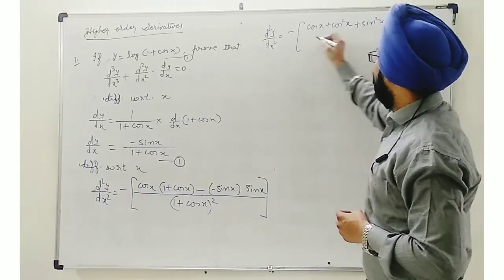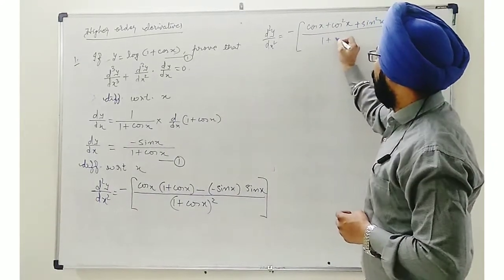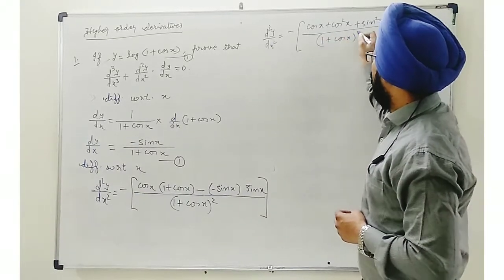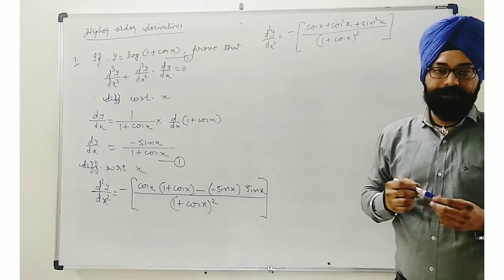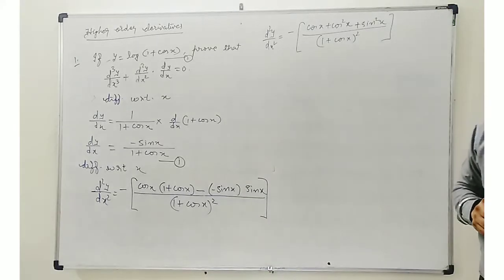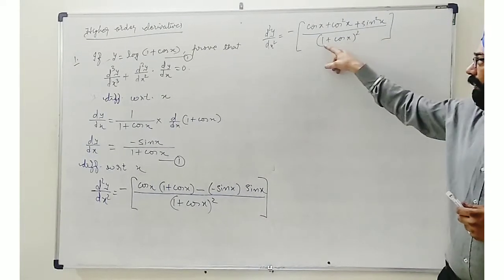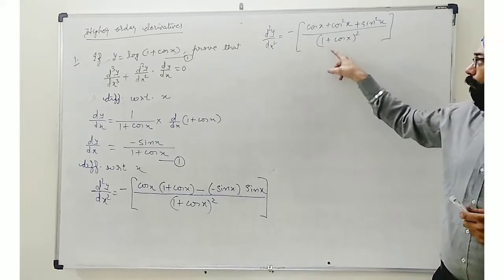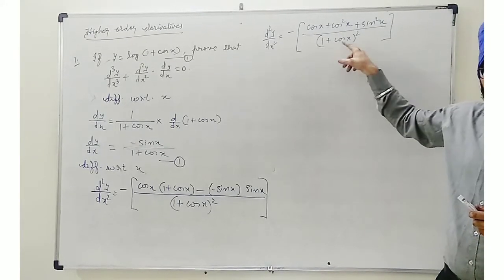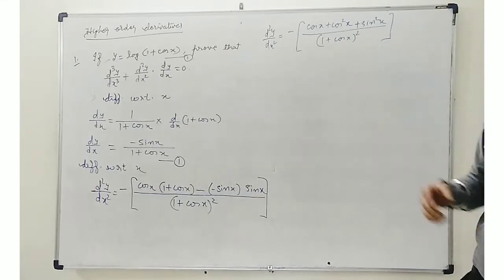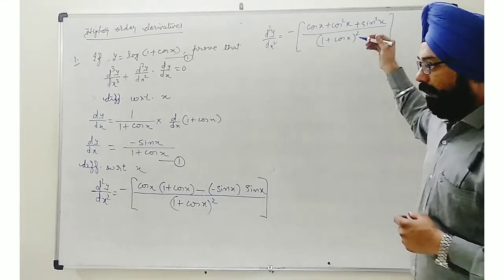And in denominator 1 plus cos x whole square as it is. One thing to be noticed here, and in general I find that students get confused in this whole square and square on these two individually. So 1 plus cos square x is different from 1 plus cos x whole square. Be careful.